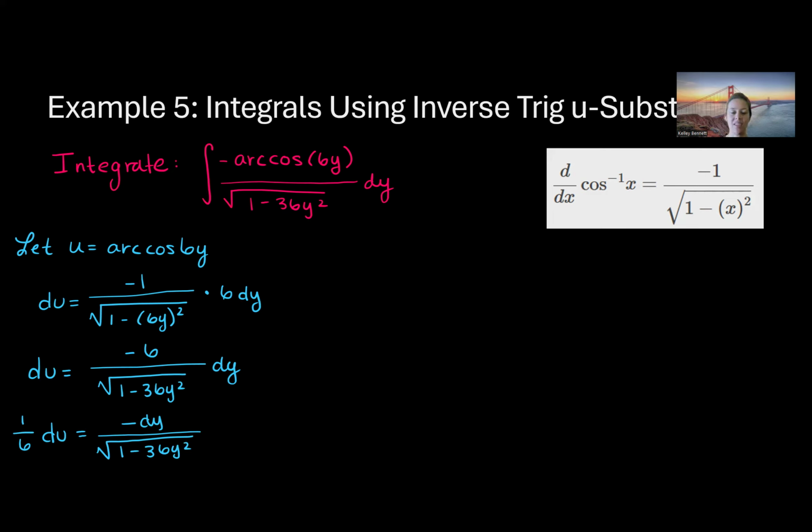And I can very simply perform my u-sub: 1/6 times the integral of u du. It's very straightforward. So I'll have 1/6 u squared plus c, and then I'll go back where u was arc cosine of 6y. So my final answer here is 1/6 times arc cosine of 6y quantity squared plus c.